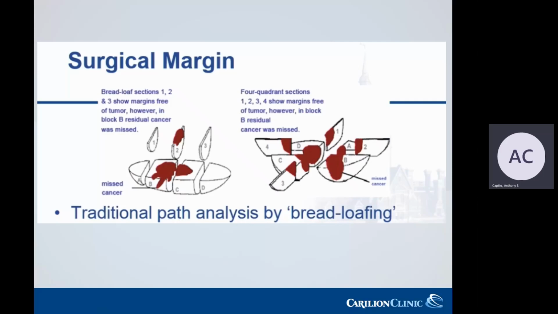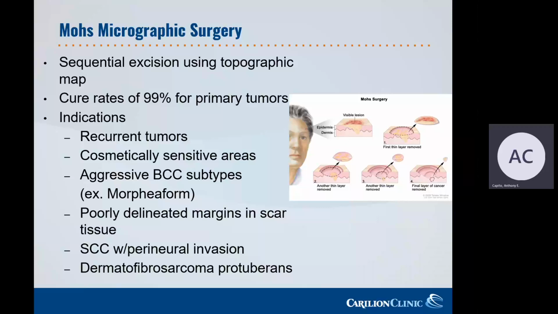It's a bread loafing technique as opposed to Mohs surgery. This has been named after Frederick Mohs, who's a dermatologist, and they use sequential excision and a topographic map. So what they do is they cut this out and they usually bevel around the edges, and they are able to flip the cancer and evaluate all 360 degrees around the entire perimeter of the lesion.